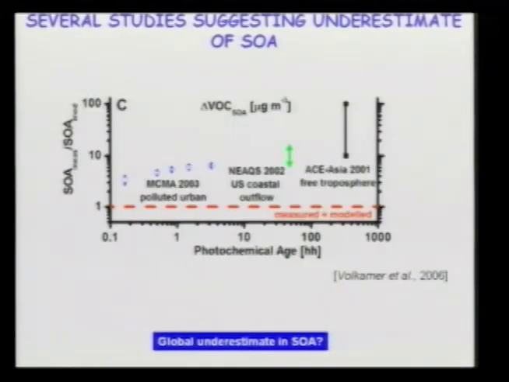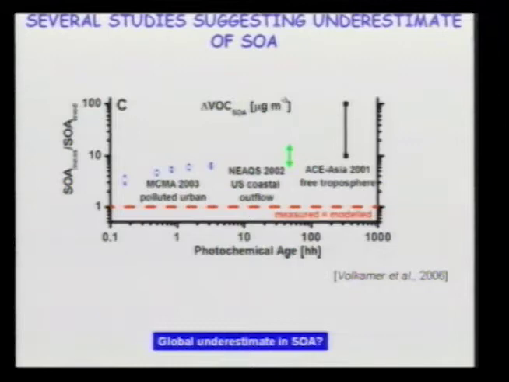Now, there are a variety of other studies which have also suggested that there's an underestimate of secondary organic aerosols. In this paper by Volkamer et al., they've attempted to characterize it in terms of a photochemical age. And what they've done is to show the red line here being the line in which the secondary organic aerosol measured corresponds to that predicted by a model.